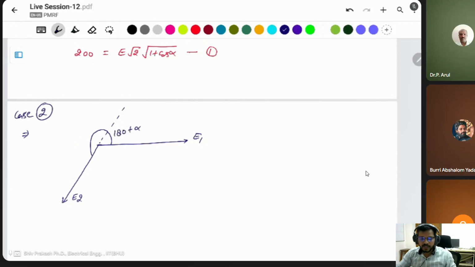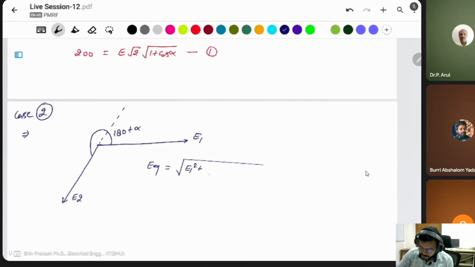Both are the same condition, because the cos of 180 plus alpha is negative.